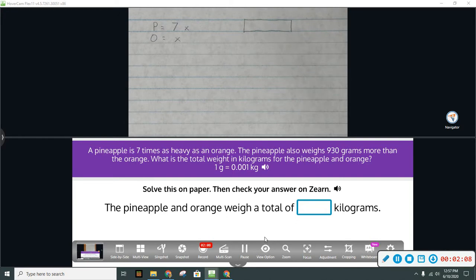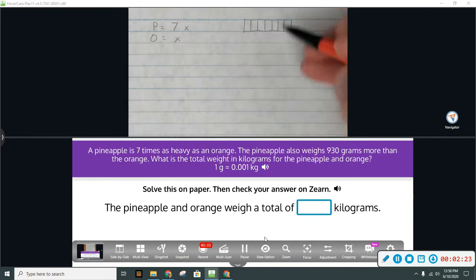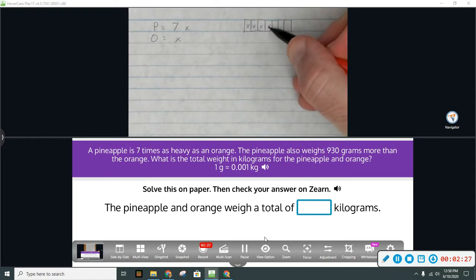The pineapple is 7 times as heavy as the orange, so if I split this into 2, 3, 4, 5, 6, 7 pieces, so I cut my pineapple into 7 chunks, every chunk should be the same as the orange, right? Whatever the orange is. Okay, great.